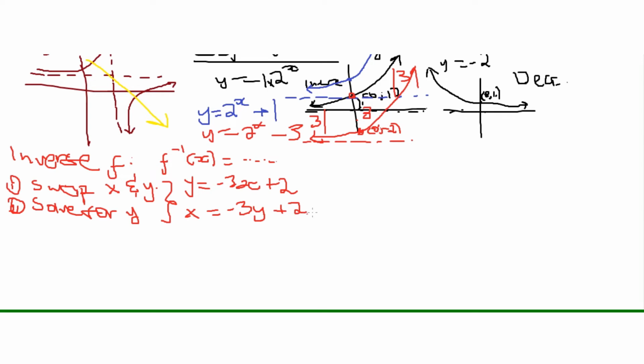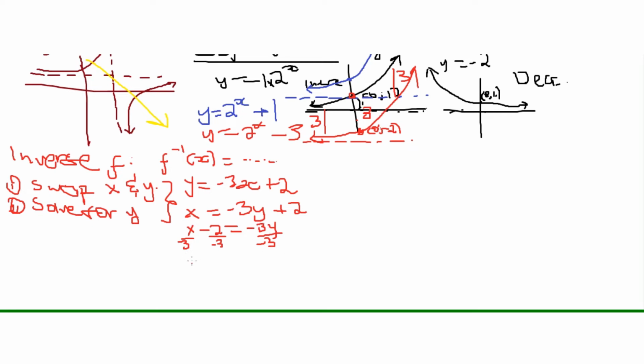Then you take the 2 to the other side. It's going to be x minus 2 equals minus 3y. But you don't want minus 3y, you only need y. Then you divide by negative 3 on every term. What's left here is negative 3 over negative 3, which is 1.